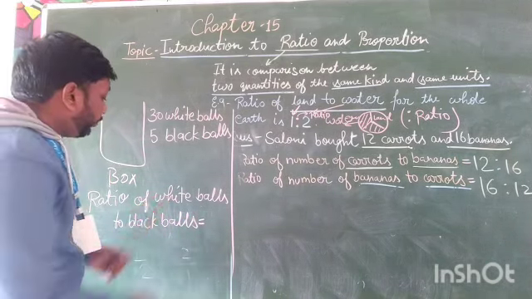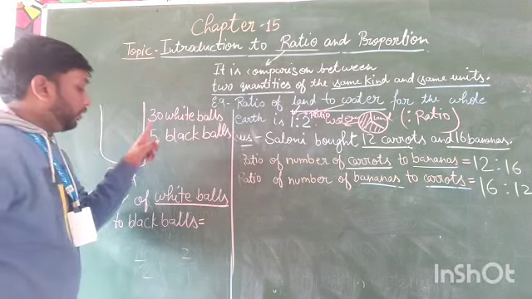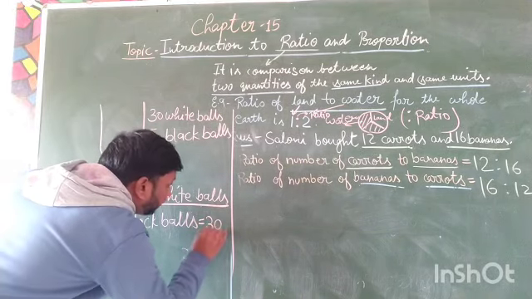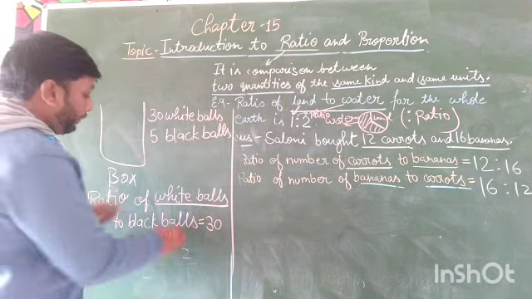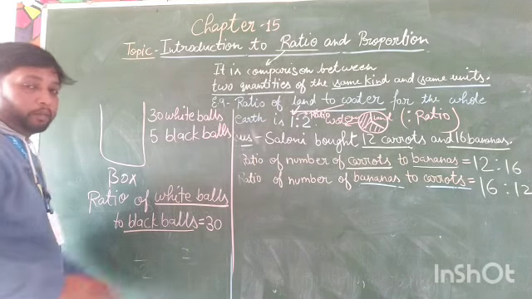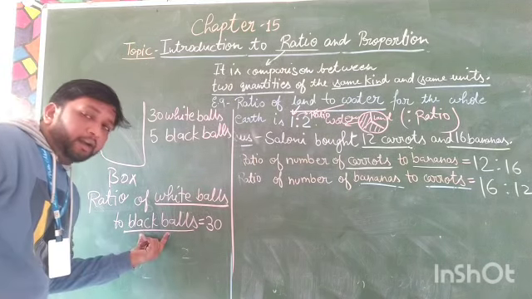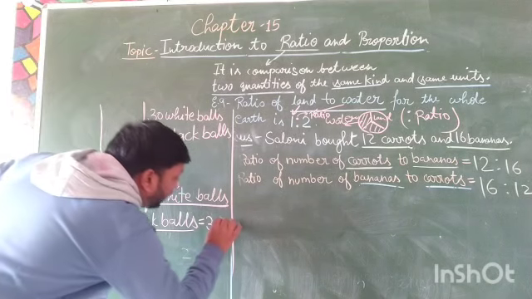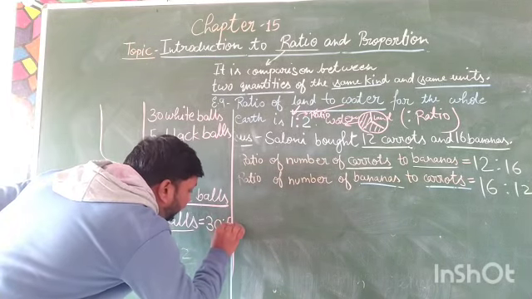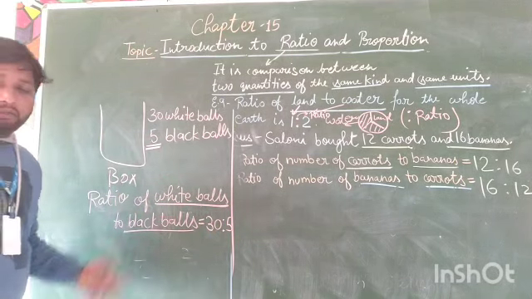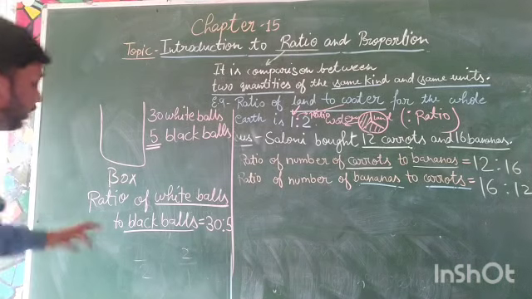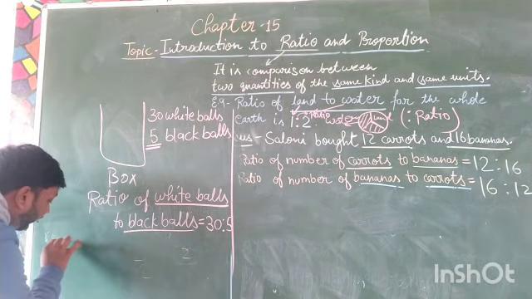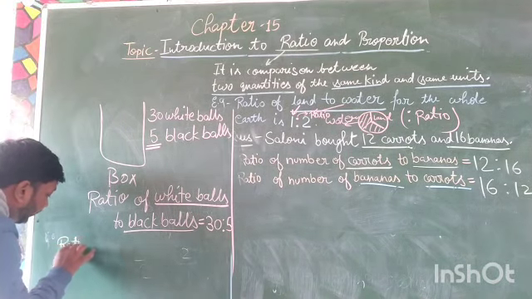We first write white balls; the number of white balls is 30. Second, we write black balls, that is the consequent, the second term; the number of black balls is 5. Therefore we write 30:5.